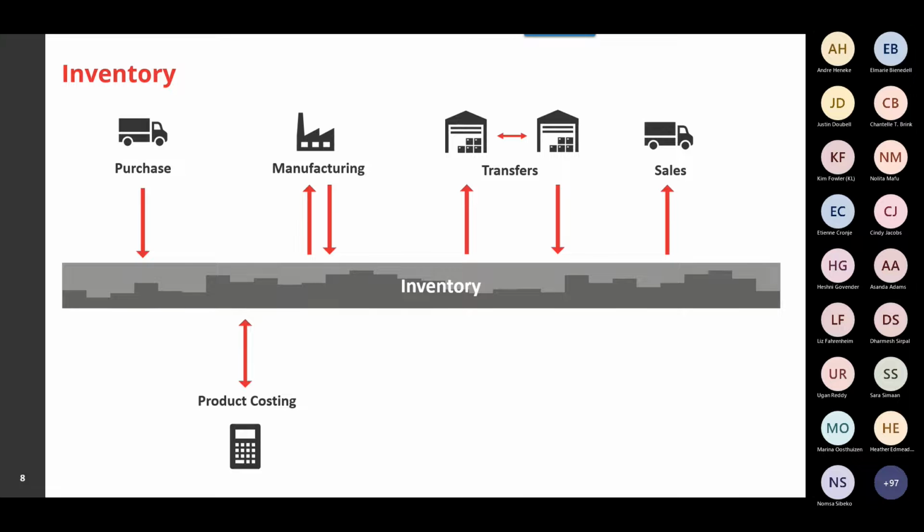You have product costing affecting the value of your inventory. You'll have adjustments in your inventory. You will do cycle counts. So there are a lot of processes which impact your inventory, and this makes reconciling inventory and checking your inventory quite challenging and somewhat harder to manage than just an account with two processes.